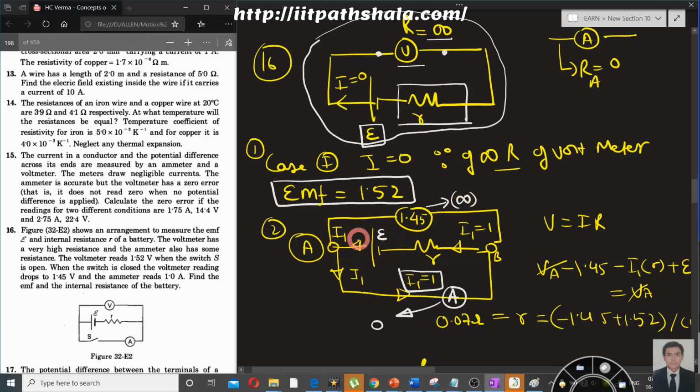So instead of going in this branch, my current will go through this branch itself. Now I can simply apply the concept of KVL.